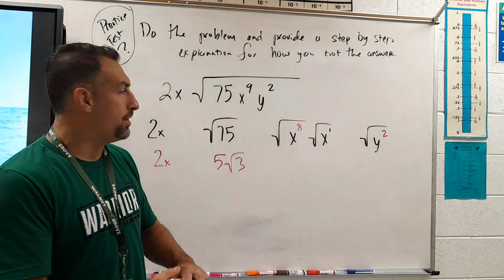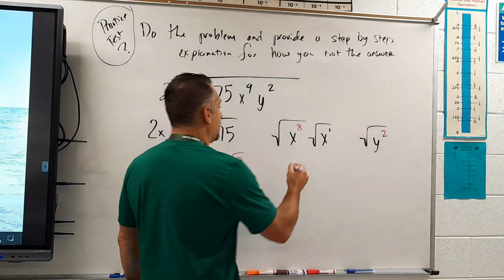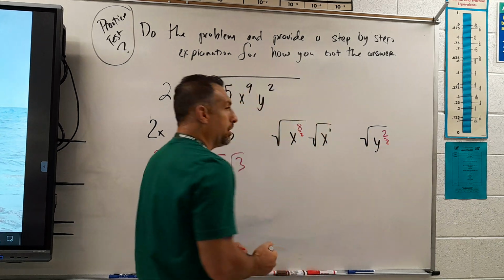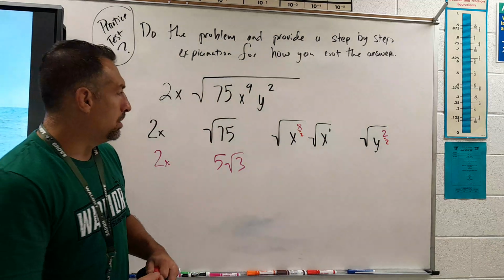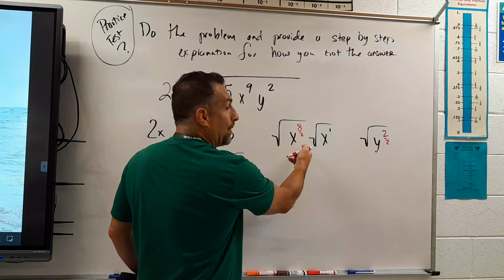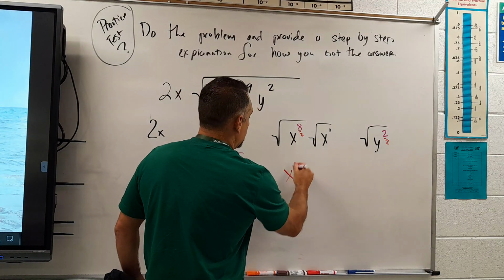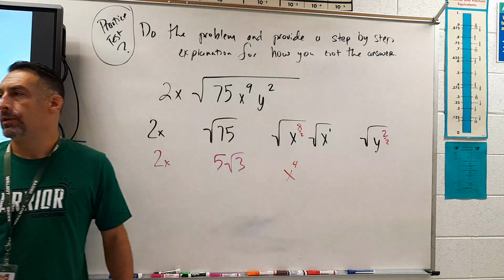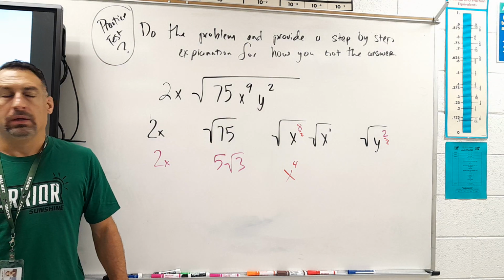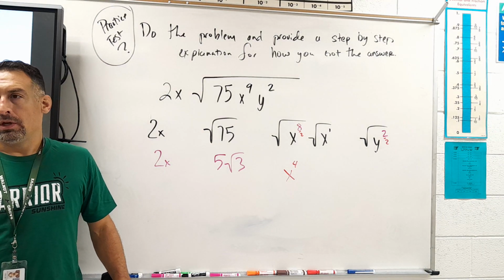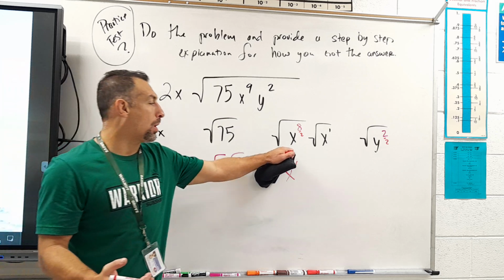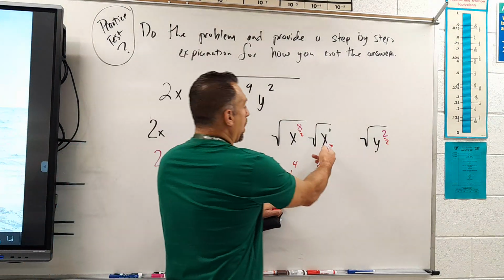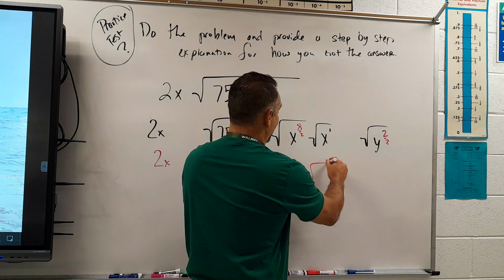If you're not good at dividing by 2, then you'll need to type that part in the calculator only. And your answer will include the letter. So, half of 8, x to the 4th, but that is doing the square root of a letter to a raised power. So that part, this component, will not have a radical. This part will, because you can't half 1.